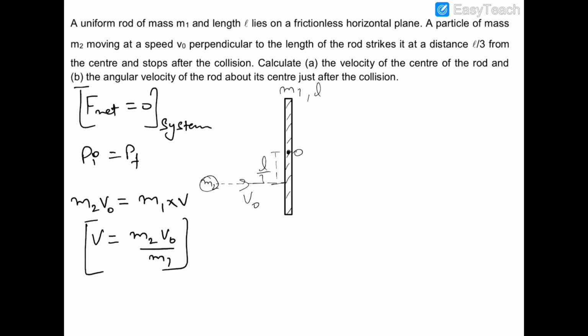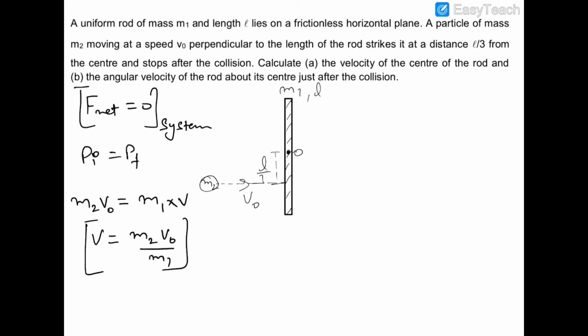Now we have to also find out the angular momentum of the rod. So in this kind of question, when the object is not hinged and it is free to move, then we always balance the angular momentum about the center of mass of the object which is moving after the collision.